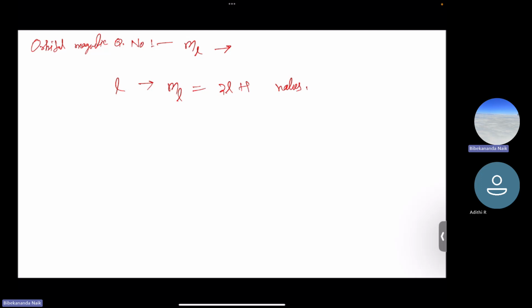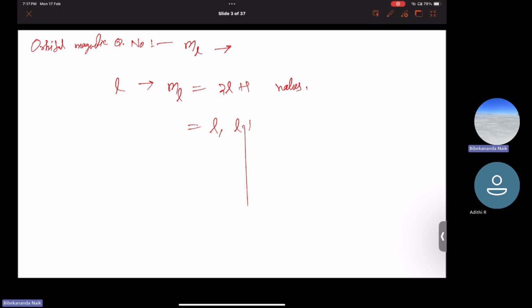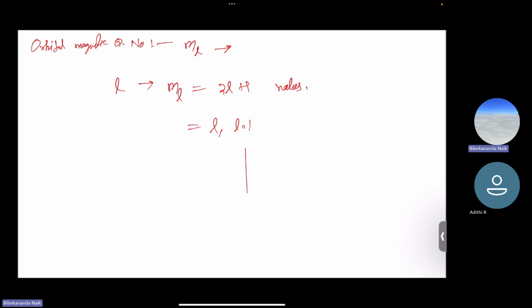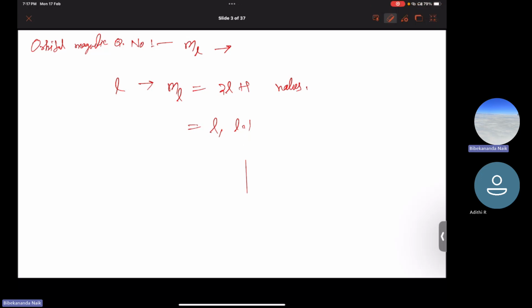And those values are l, l minus 1, l minus 2, then 0, minus 1, minus 2, up to minus l. So there will be 2l plus 1 ml values.